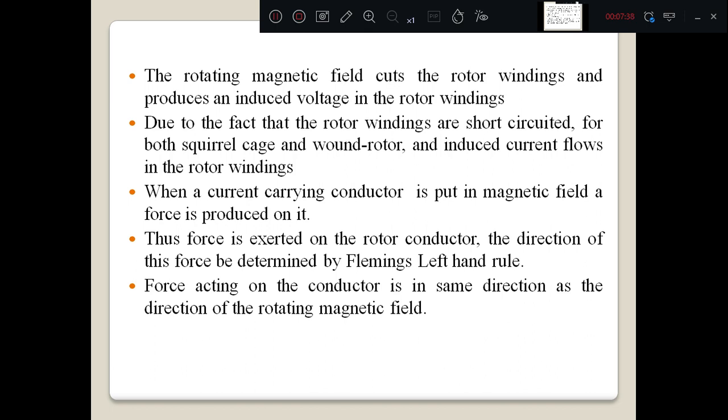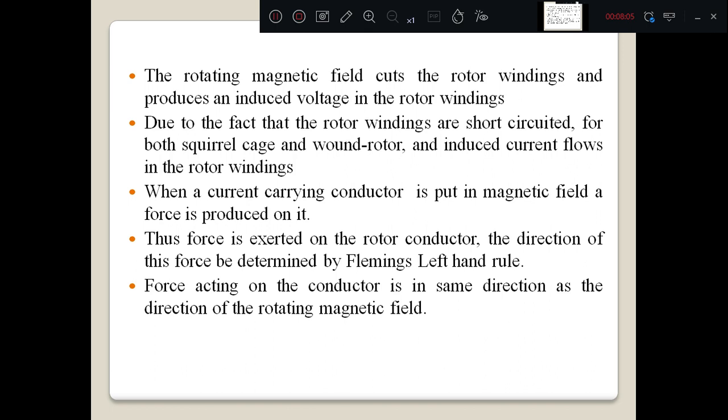Only these things you need to remember. Whenever a three-phase supply is given to the stator winding, a rotating magnetic field is produced in the air gap that cuts the rotor conductors. Because of electromagnetic induction, there is an induced voltage in the rotor conductors. Also, we know that the rotor conductors are short circuited on either side.